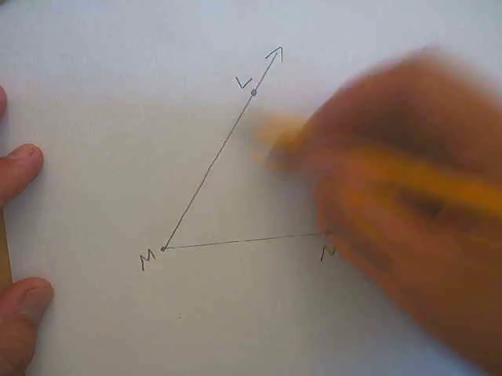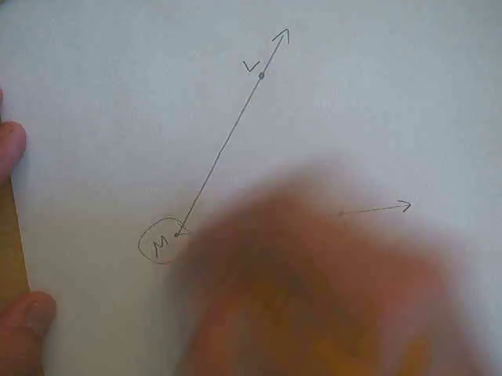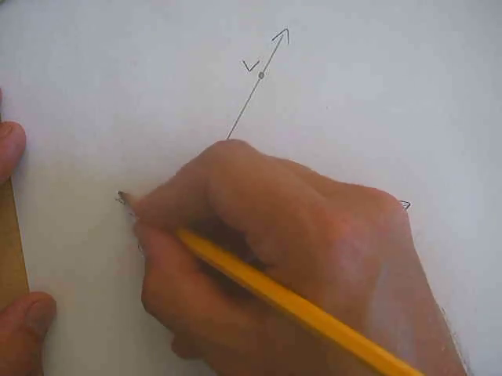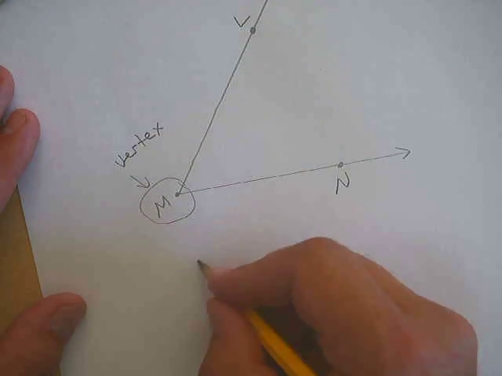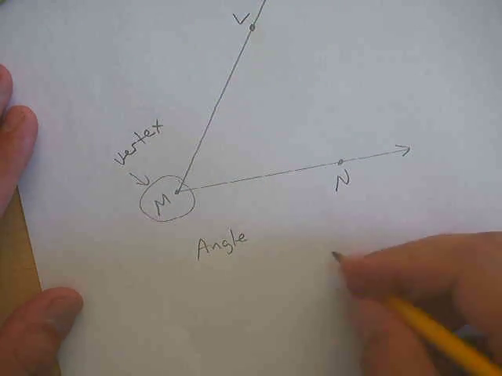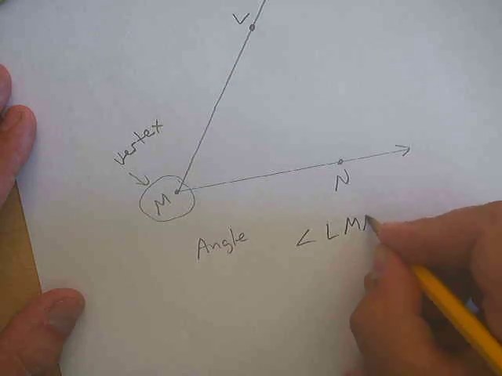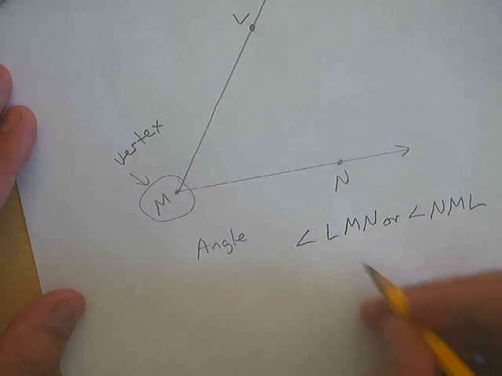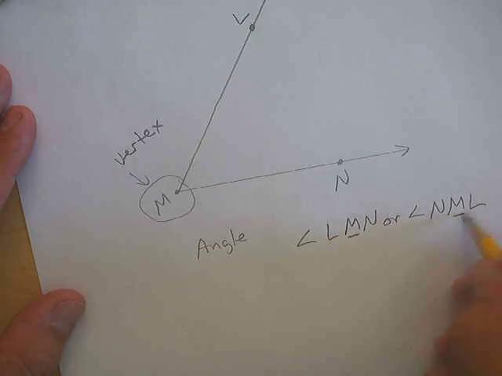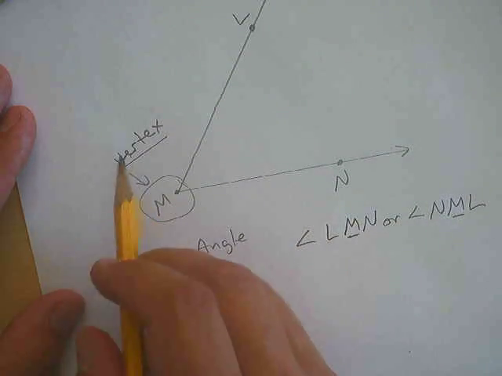So I'm going to label this L, M, and N. Notice this is a ray, and this is a ray. The middle part of the angle is called the vertex. So I can label this angle as angle LMN, or angle NML.